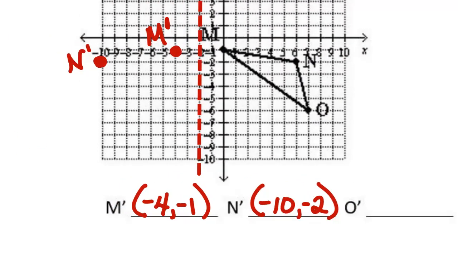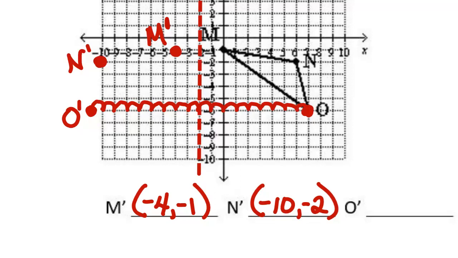And then I do the same thing with O. O is right down here. We're not going to go up or down at all, but I need to know how far away from that vertical line we are. 1, 2, 3, 4, 5, 6, 7, 8, 9. So I need to go 9 units away on the other side on the left. 1, 2, 3, 4, 5, 6, 7, 8. I need to go 1 more, so I'm going to go 1 off my graph over here.